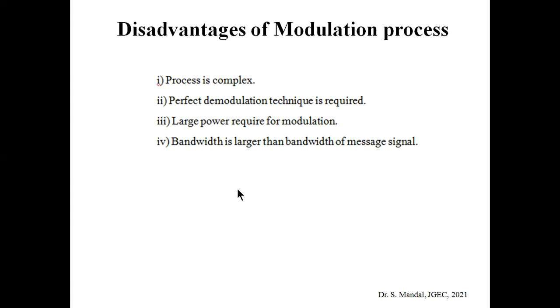First of all, as we need to vary the amplitude, phase or frequency of the carrier signal according to the message signal, some extra electronic circuitry is needed, and it makes the transmitter more complex. That means modulation is complex in nature, and as the process becomes complex, the cost of the system will also increase. That is one disadvantage of the modulation process.